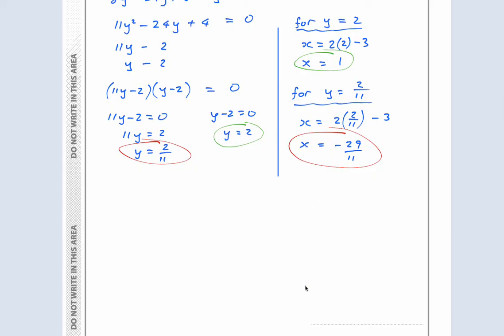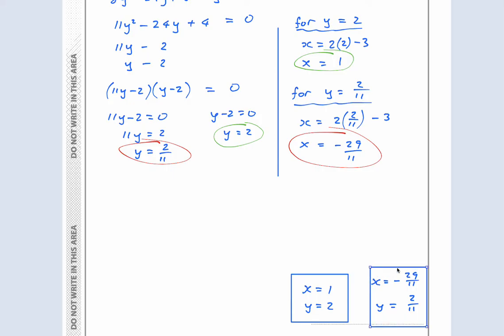You have your x equals 1 and y equals 2. Put a box around this, like so. And then you have your x equals minus 29 over 11, y equals 2 over 11. Put that in a box there as well. Okay, there's your two solutions, right? Fine.